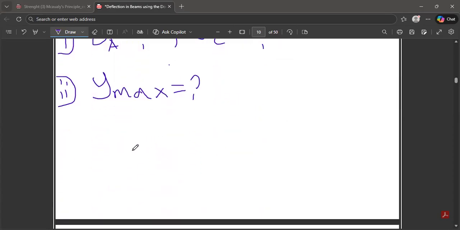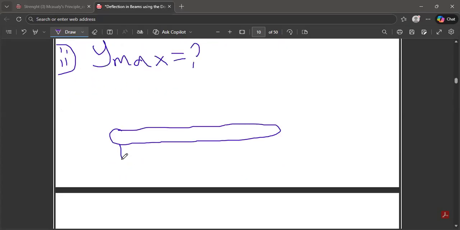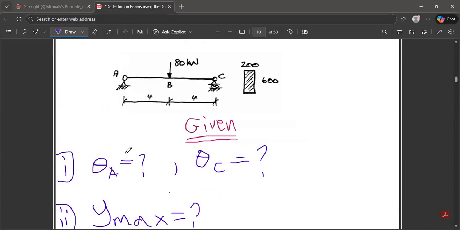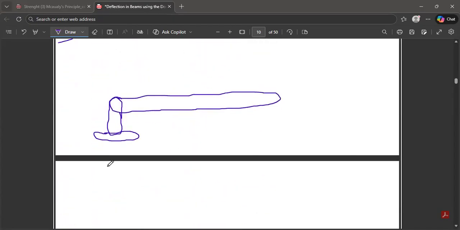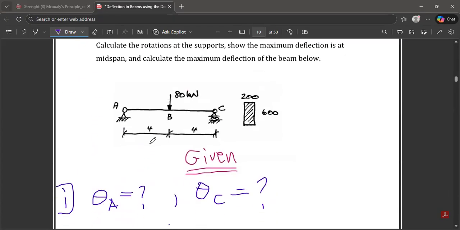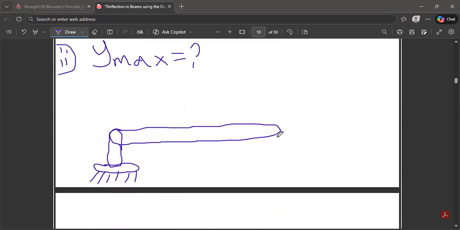The question that was given to us, which is our original problem, is just a simply supported beam that has two supports: a roller and a hinge support.